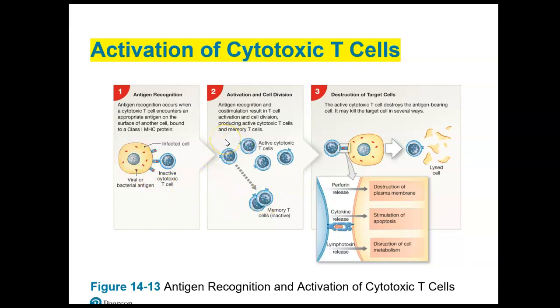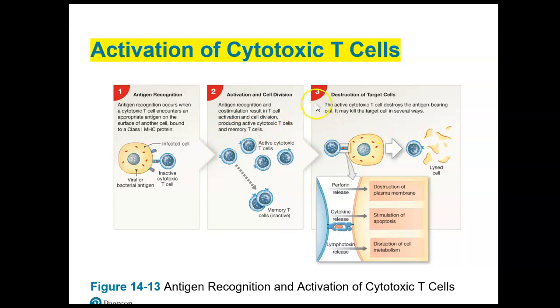And then we have step 2, which is activation and cell division. The antigen recognition and co-stimulation by the CD8 and class 1 interaction is going to cause those cells to divide and produce more cytotoxic T cells and also memory T cells.